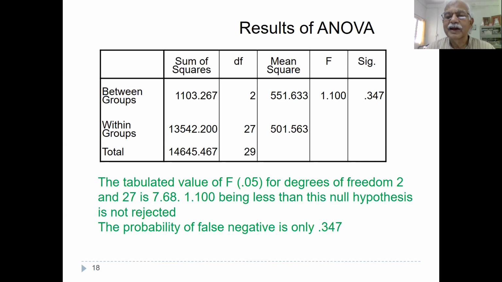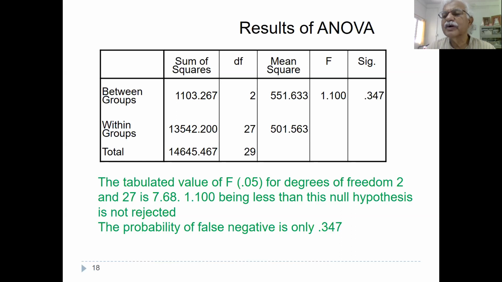But here in this case, they are different, and the ratio of mean squares, 551.633 divided by 501.563, is 1.1, and the F value for 5% level of significance is 7.68. Now, since 1.1 is less than 7.68, we will say that the null hypothesis is not rejected.